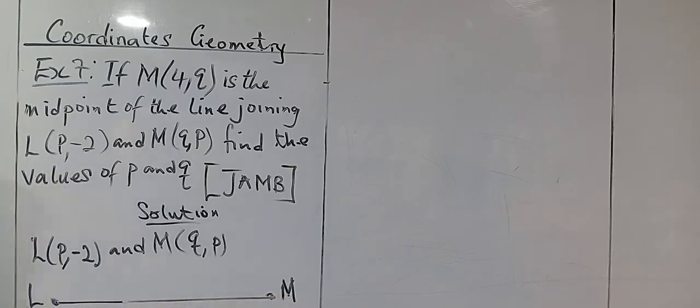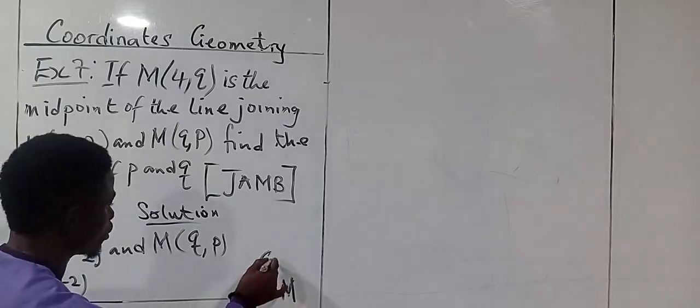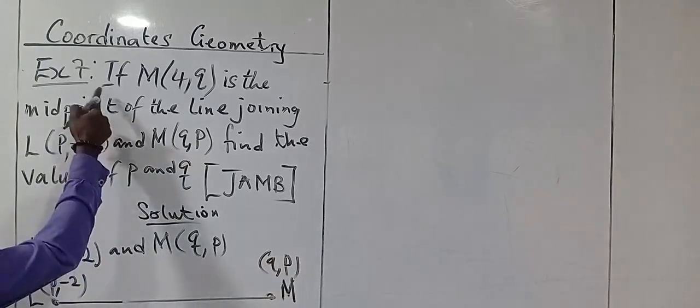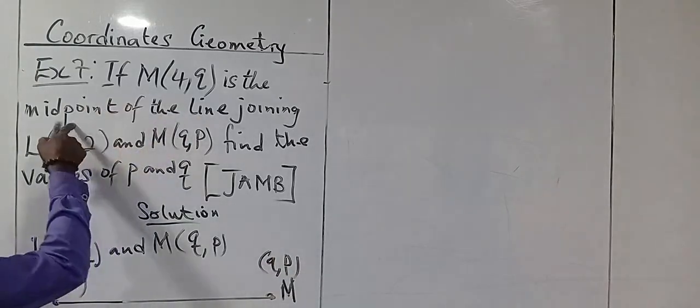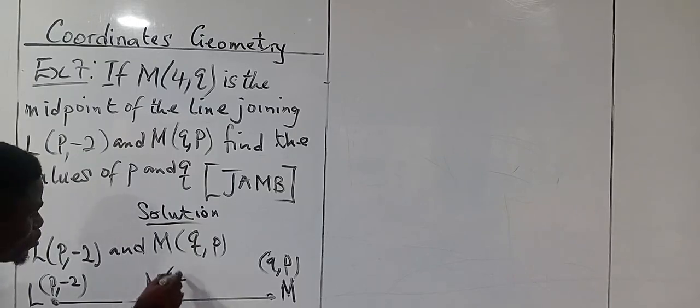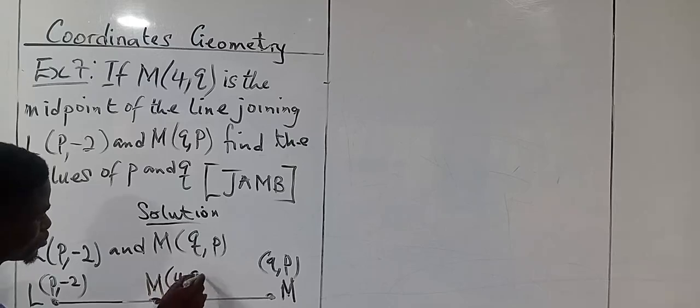So this is the line with the points (P, minus 2) and (Q, P). And we are told that N is the midpoint between L and N is (4, Q).